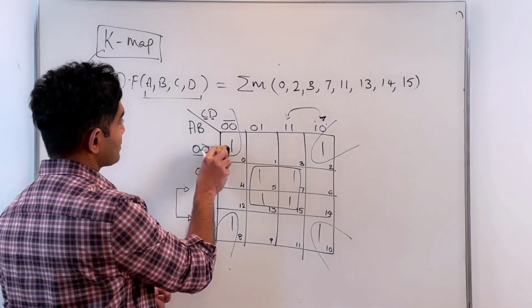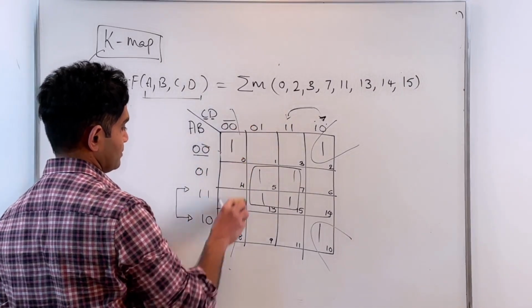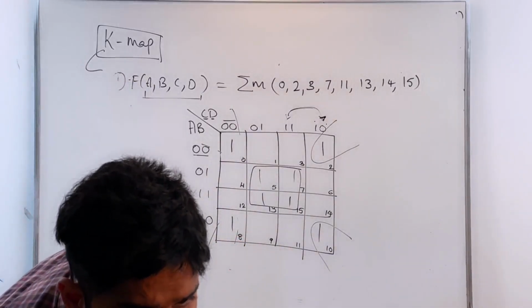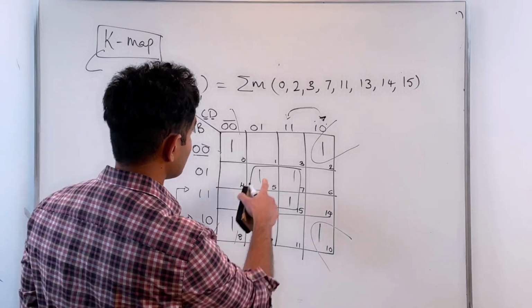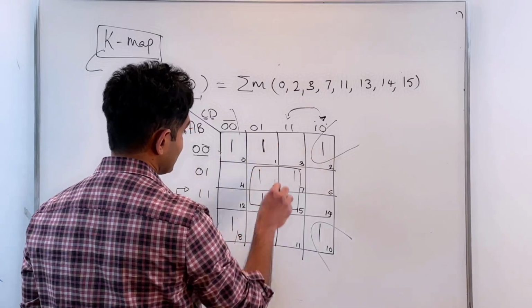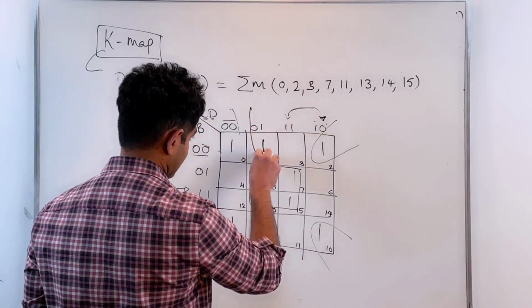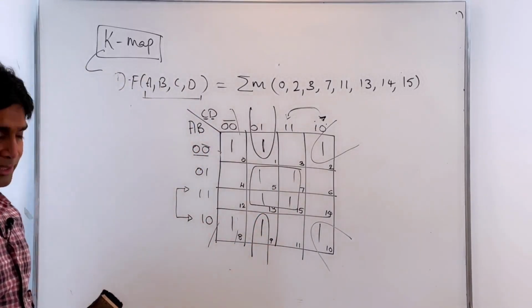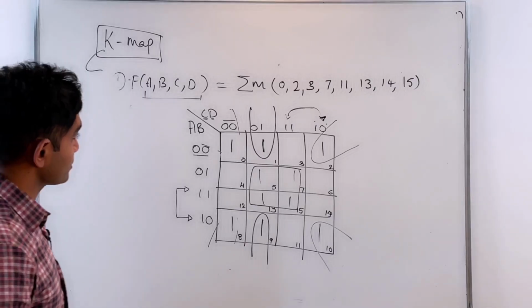Likewise, 1 and 9 be adjacent to each other? 1 and 9, that's absolutely right. So if I had a 1 here and a 9 here, yes, I can combine them together as a single combination. That's 1 and 9 are adjacent to each other.